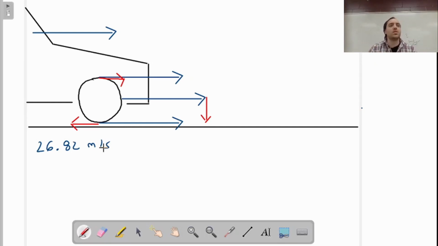It has to be rotating in such a way to give you that 26.82 meters per second, which means that the velocity of the tire, the VT of the tire, is going to be the 26.82 as well, which means that the car tire at the bottom is effectively standing still because of how the rotation works. That point is not moving.